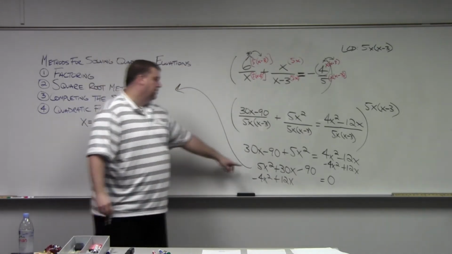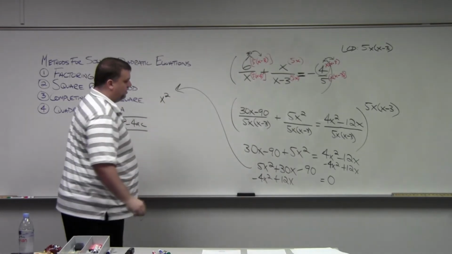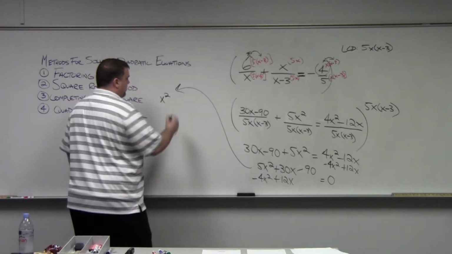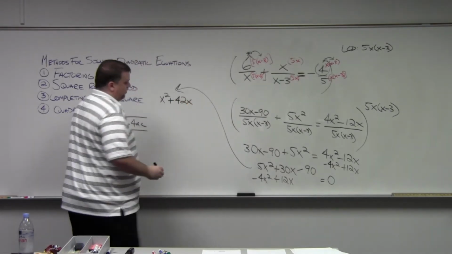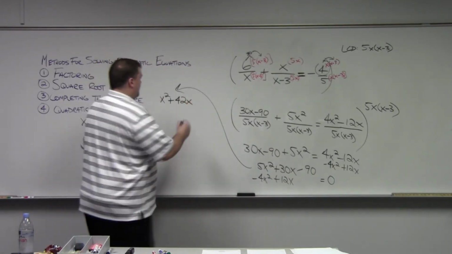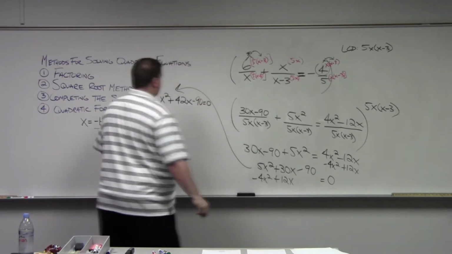So 5x squared minus 4x squared is x squared. 30x plus 12x is 42x. And then minus 90 equals 0.